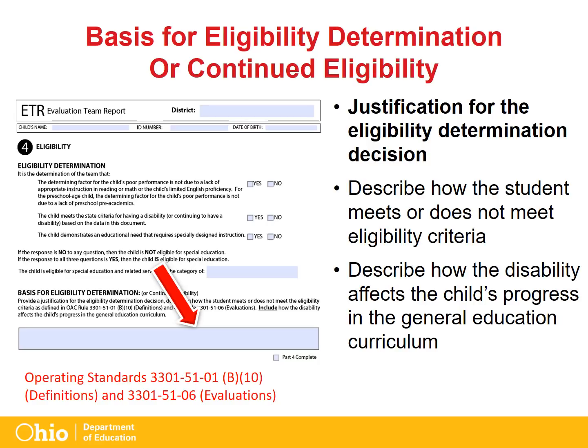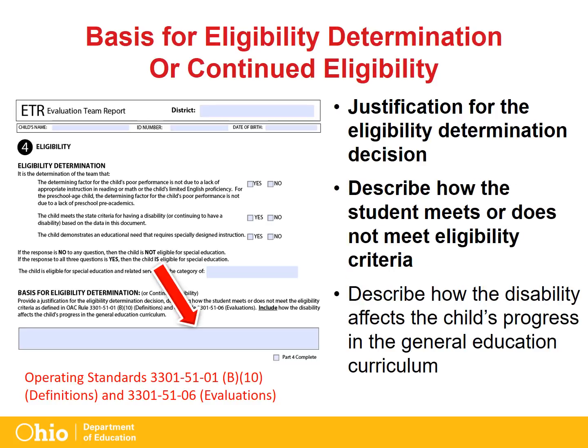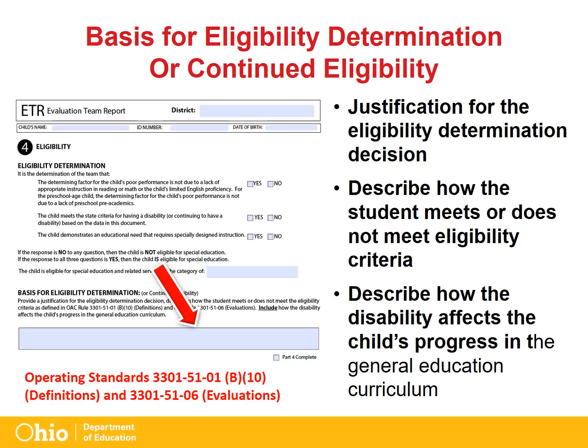This is a culmination of all the components within the ETR to create a final summary describing how the student meets or does not meet the eligibility criteria as defined in OAC Rule 3301-51-01 B10 definitions and OAC Rule 3301-51-06 evaluations. The summary must also include how the disability affects the child's progress in the general education curriculum.